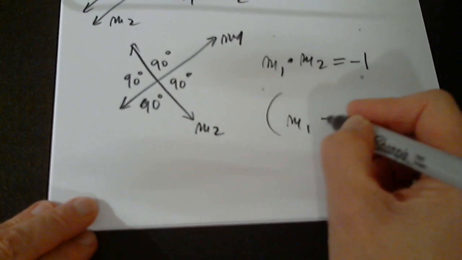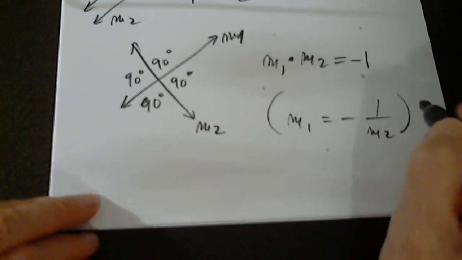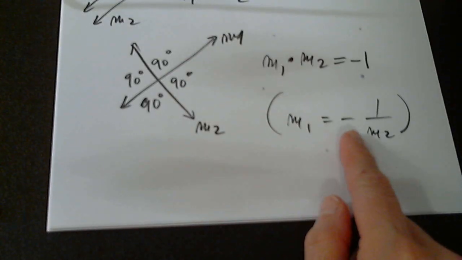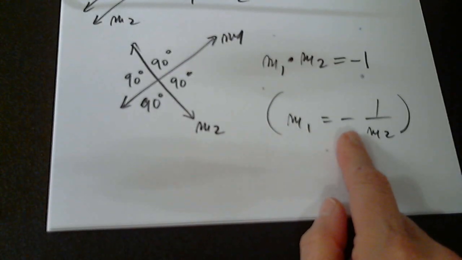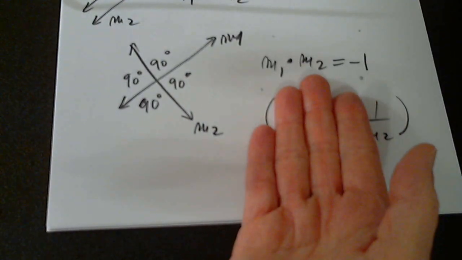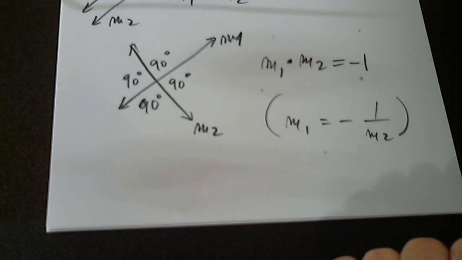You may have learned it like this. But this is even more difficult to say. I'm not lazy, I can tell you. m1 is the negative multiplicative inverse of m2. But if you cross multiply, you get this. So which one is easier to say?